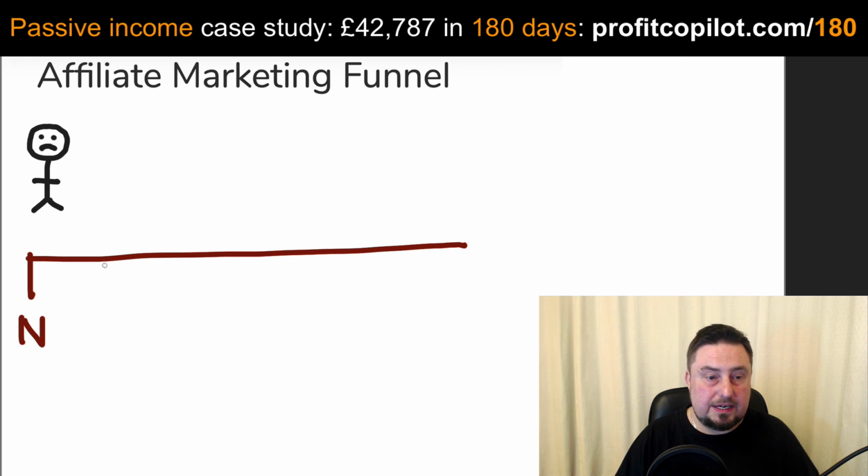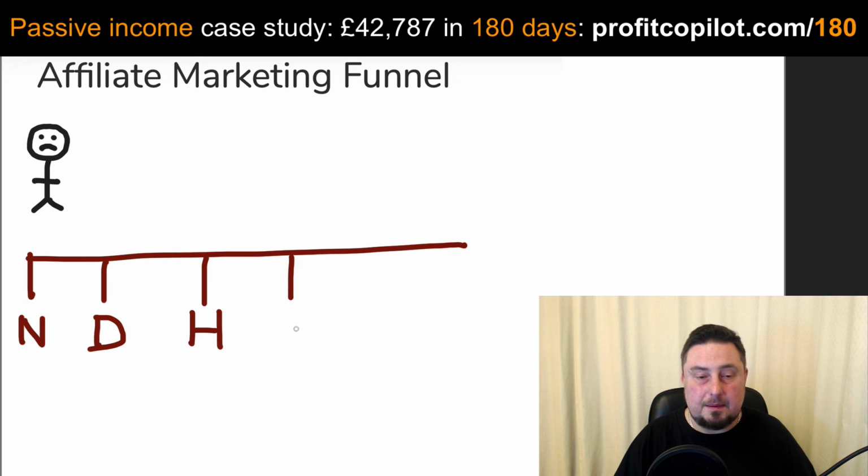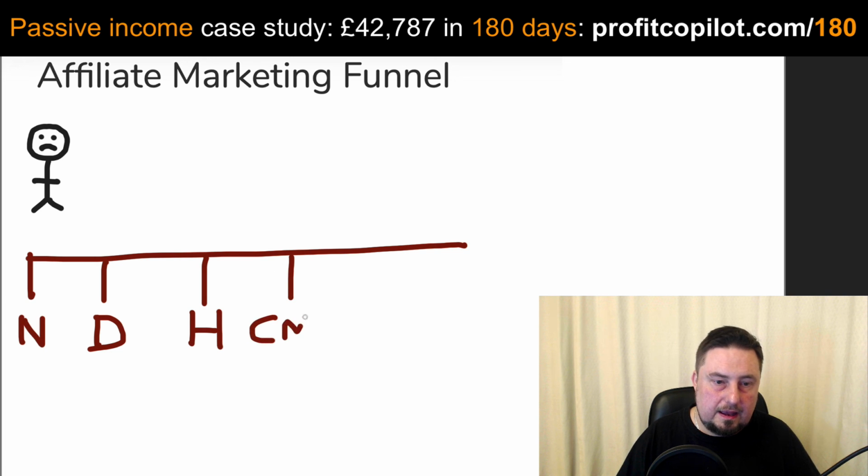Once he's chosen his niche, the next step is to choose a domain name. So let's put a D on there for domain name. Next, he's going to have to get hosting for his website. Hosting. Then he's going to have to choose a CMS. So WordPress, Joomla, Drupal. So let's put a CMS on there.